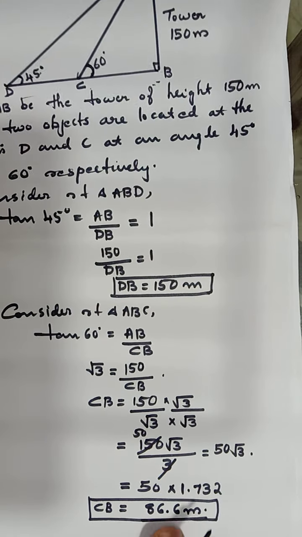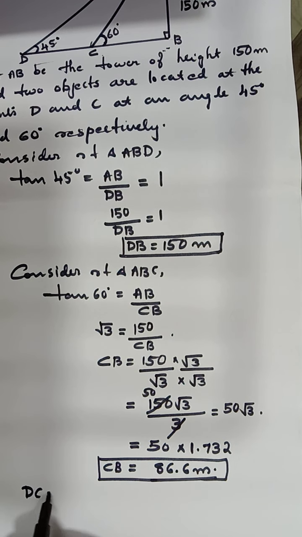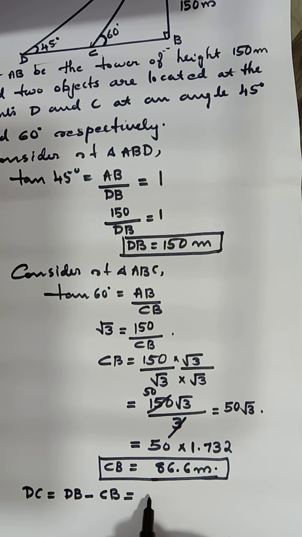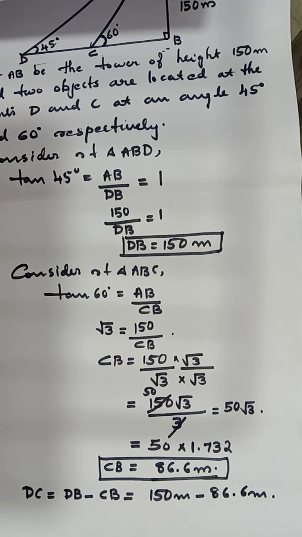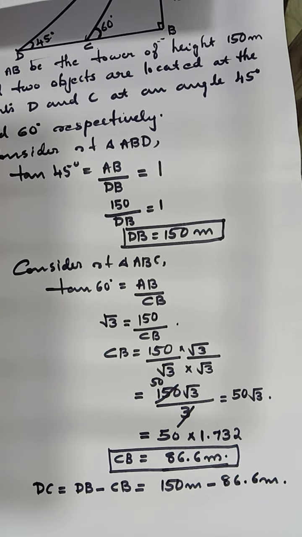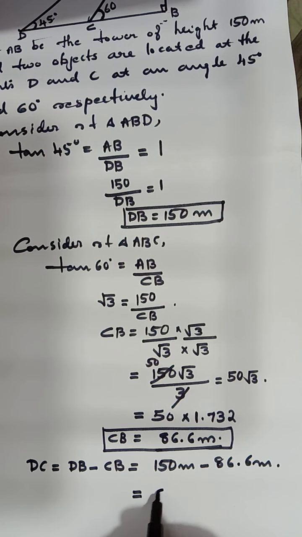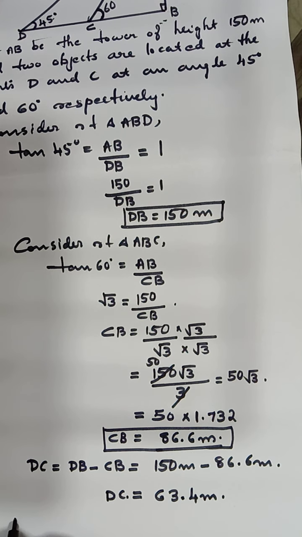Therefore, DC is equal to the total length DB minus the shorter length CB, 150 meter minus 86.6 meters. Do the subtraction, and you get the answer as 63.4 meter. That is our DC, or the distance between.